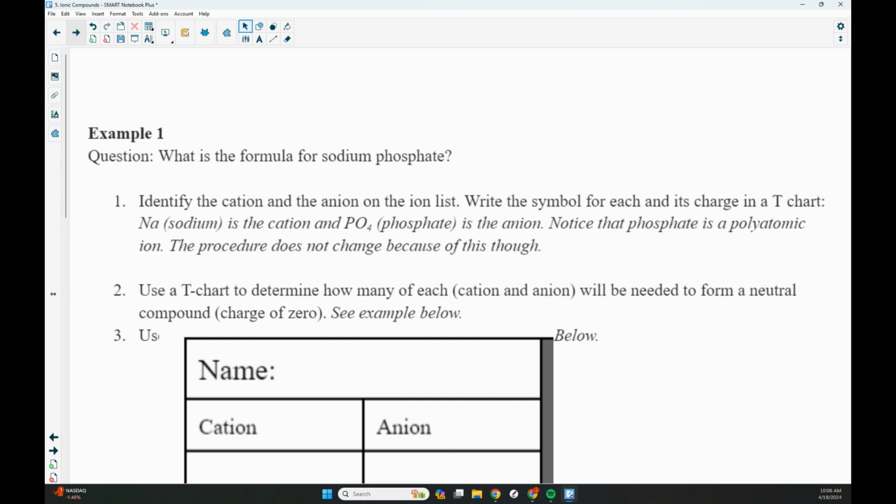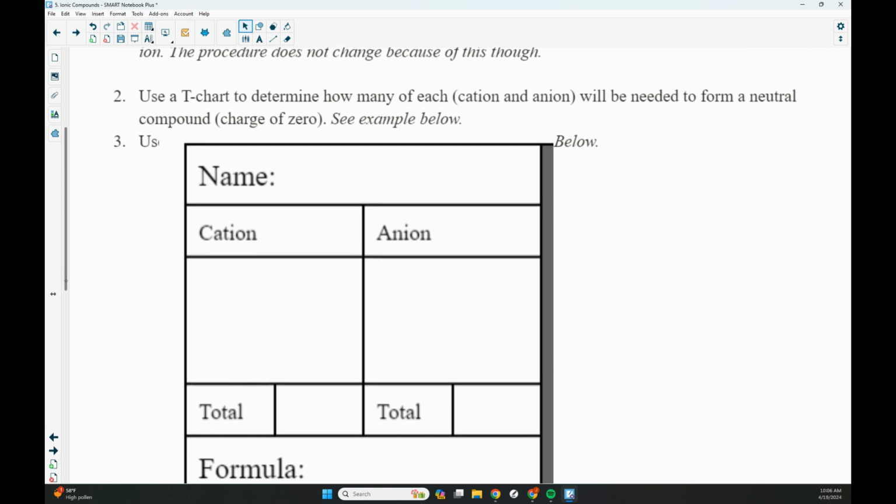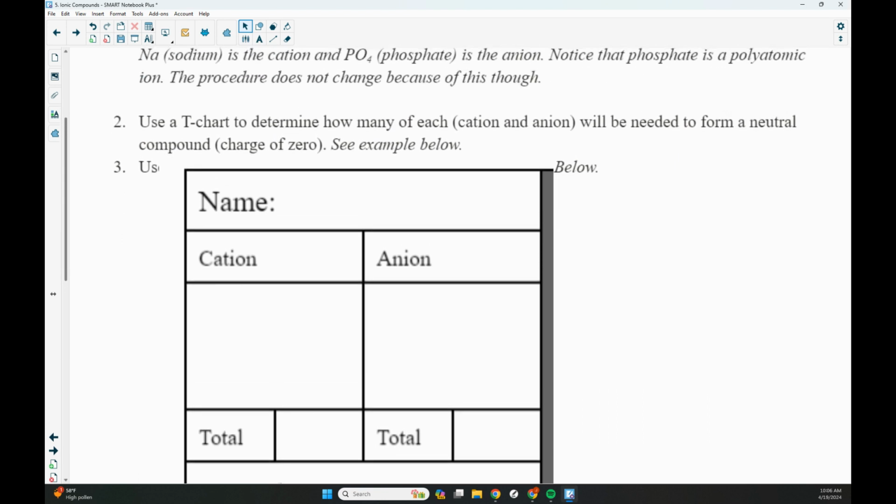Let's jump right into the examples on page 24. We want to figure out how to write the formulas for ionic compounds. So example 1 on page 24 asks you to write the formula for sodium phosphate.